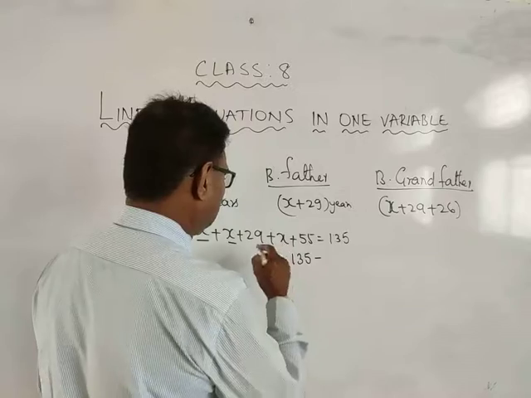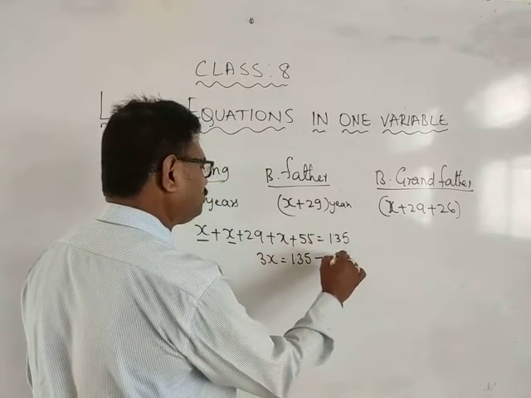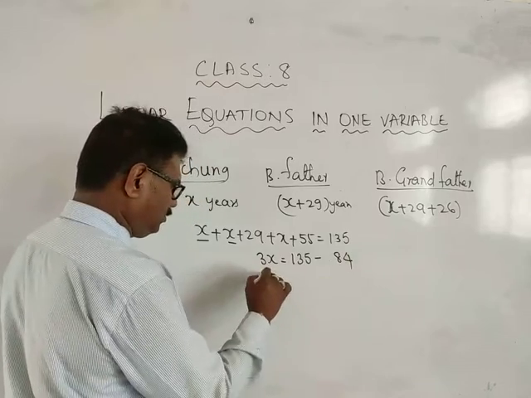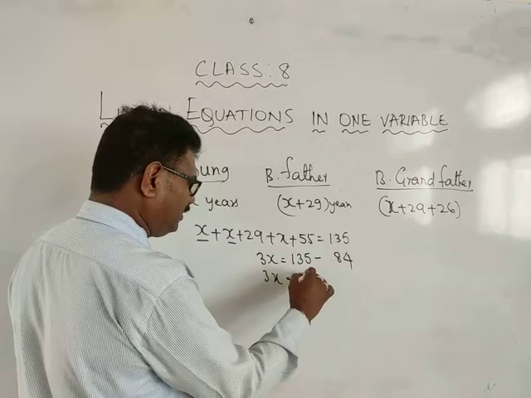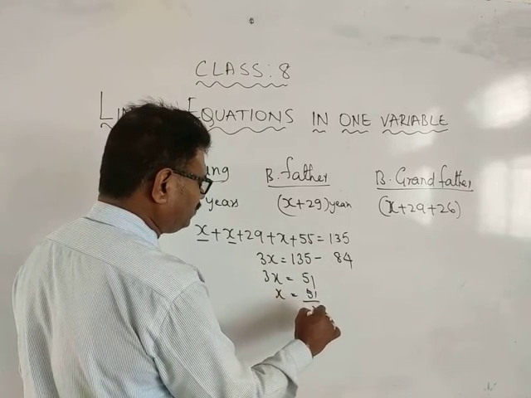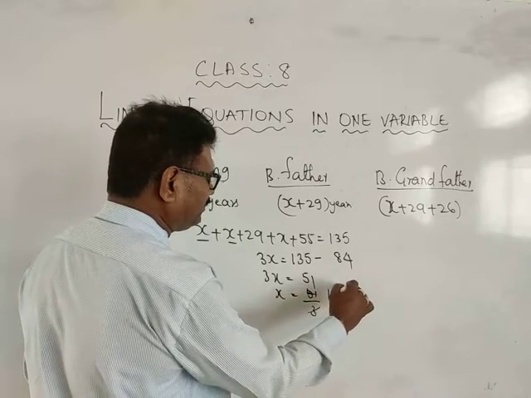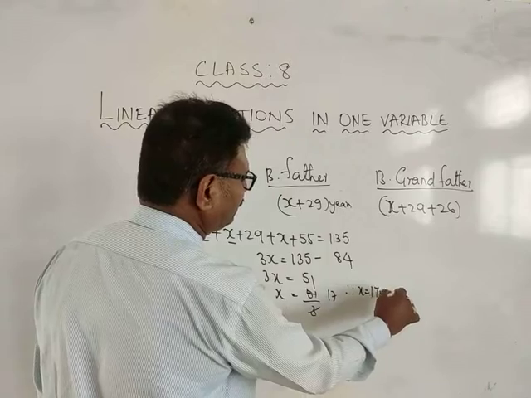How much is it? 5 plus 9, 14, 6 plus 2, 84. Now 3x equal to 51. Therefore x equal to 51 by 3, which is 17.